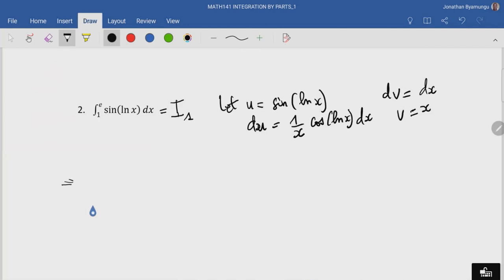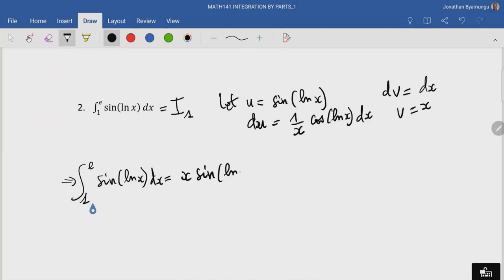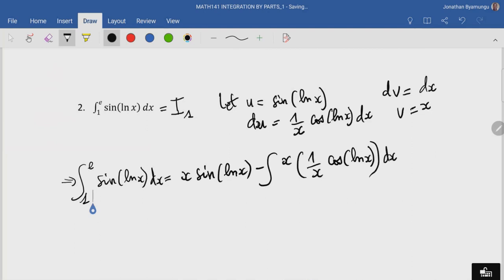And the integral will therefore be equal to, if we rewrite this, u times v, which is x times sine of ln of x, minus the integral of v du, which is x multiplied by 1 over x cos ln of x dx.